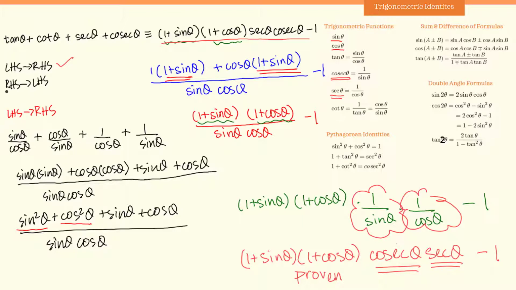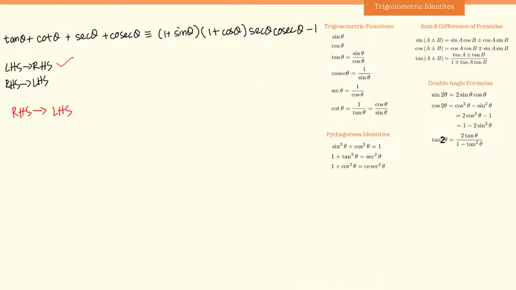Now let's look at how would we prove this identity if I converted the right hand side into the left hand side. In order to prove the right hand side onto the left hand side, my first step is always going to be writing my trigonometric functions in terms of sine theta and cosine theta.